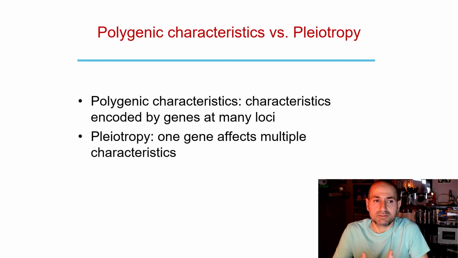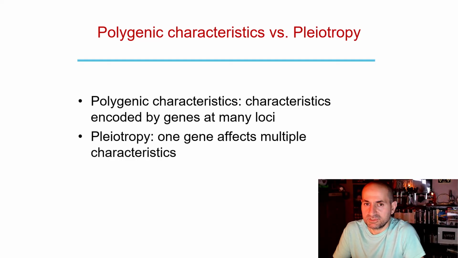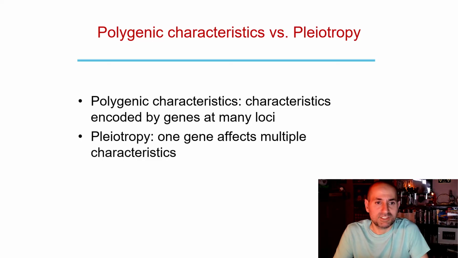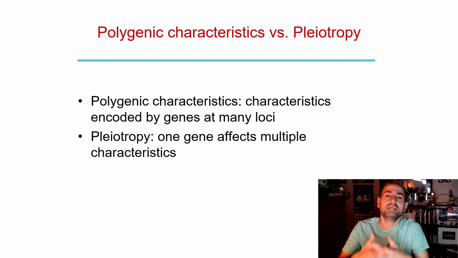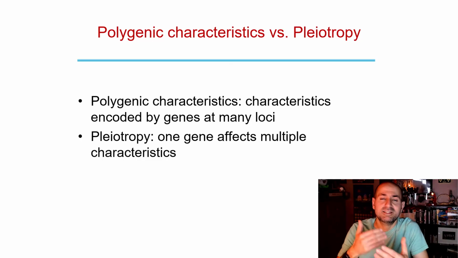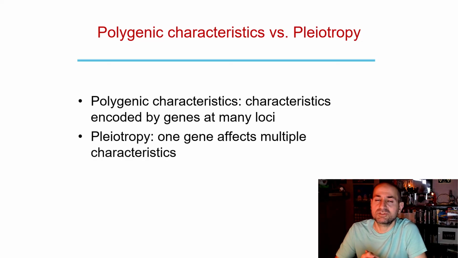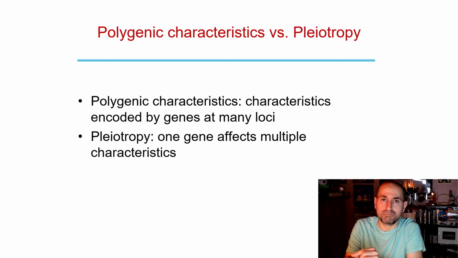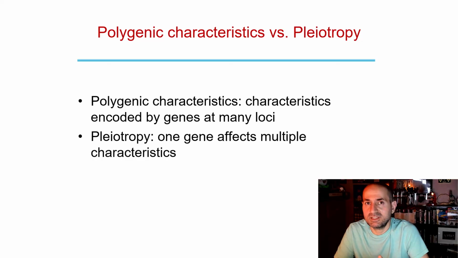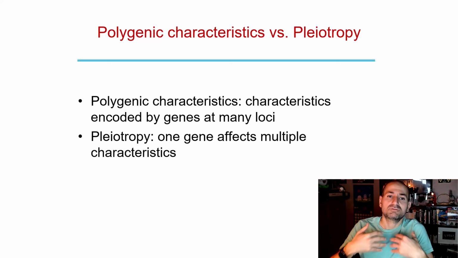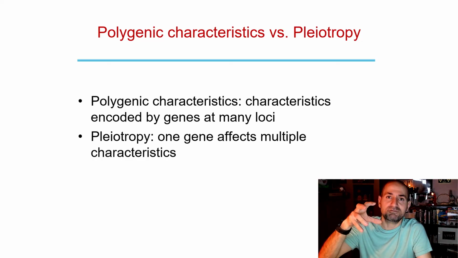Well, here's the thing. Height is an example of a polygenic characteristic. There are characteristics encoded by genes at many loci. There are many different genes that dictate your height. Does that make sense? Some of them dictate how long your bones will get. Some of them dictate how much growth there is during development.